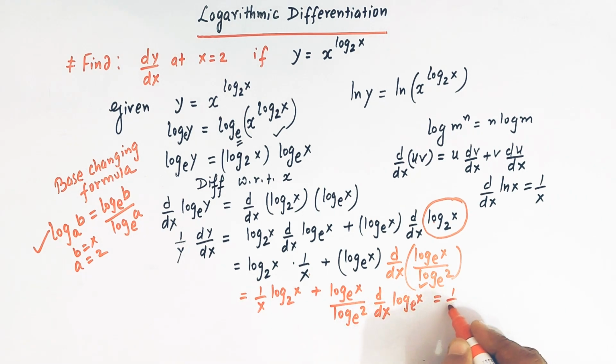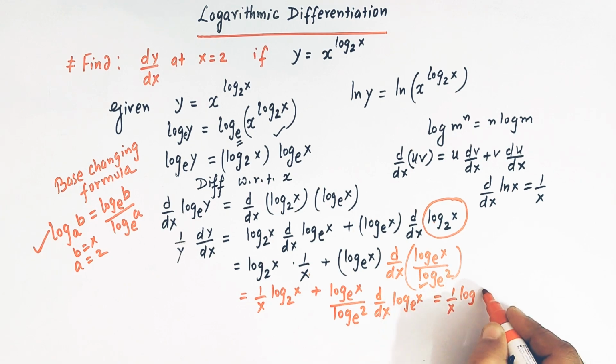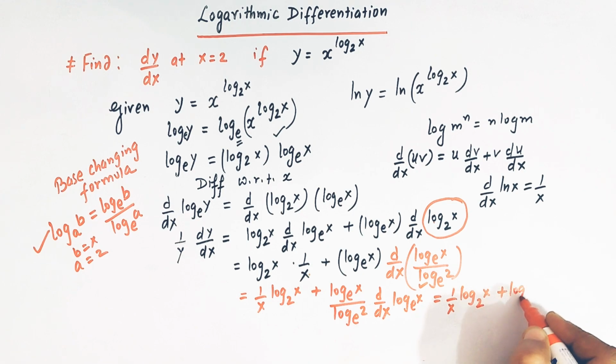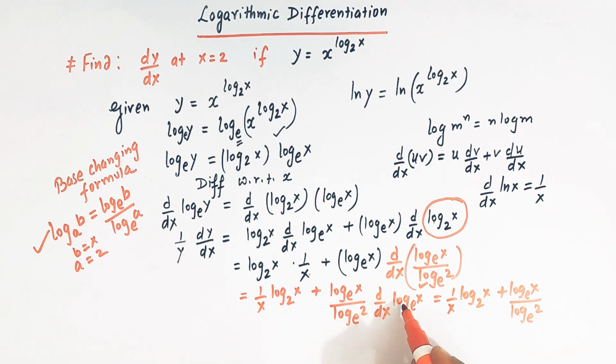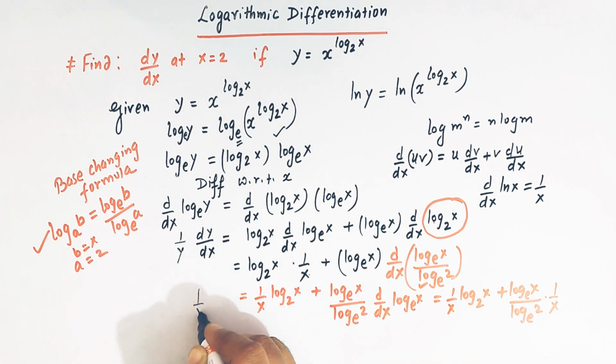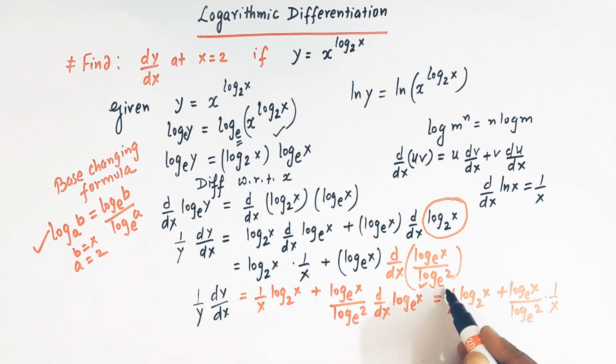So this is now 1 over x log x to the base 2, and here we have log x to the base e divided by log of 2 to the base e, and the derivative of log x to the base e is simply 1 over x. So now we have 1 over y dy over dx equal to this expression, right?